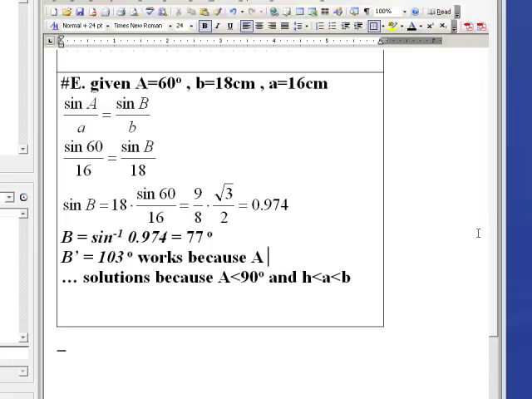Because angle A plus angle B prime is less than 180 degrees. As you can see, 103 plus 60 is just 163, so we have an angle of 17 degrees for angle C, so we will have two solutions.